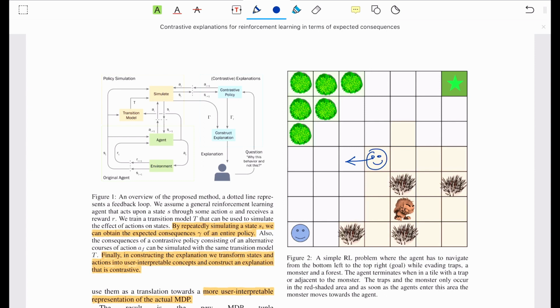The second type of question can be, well, I as a human think that the agent should have moved right and maybe then right again. Okay, so I can ask, hey, why did you move left instead of taking right and then right? So this is the second kind of question, which involves a why not style of questioning.